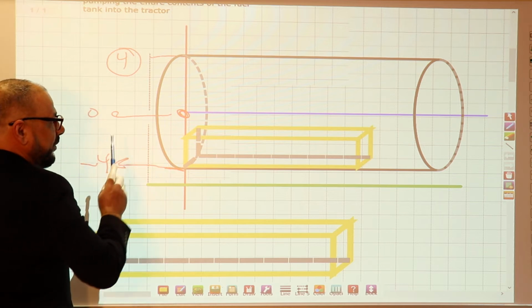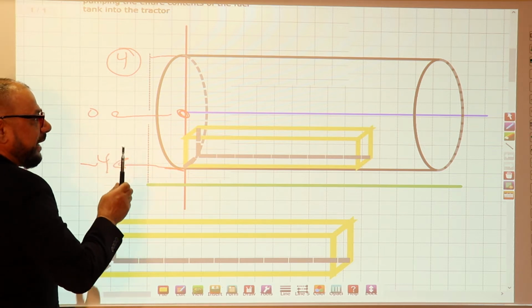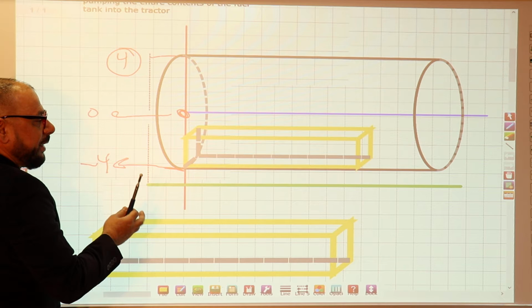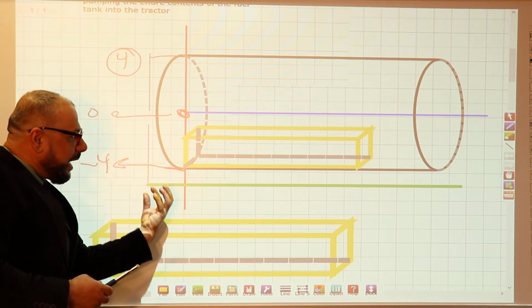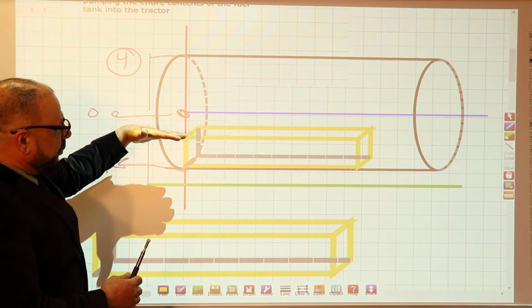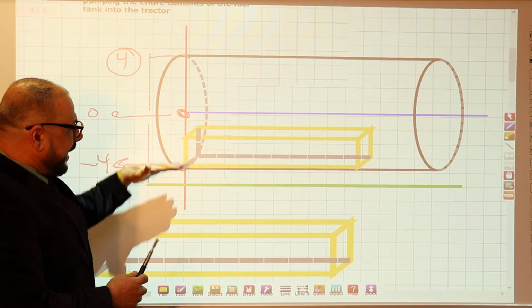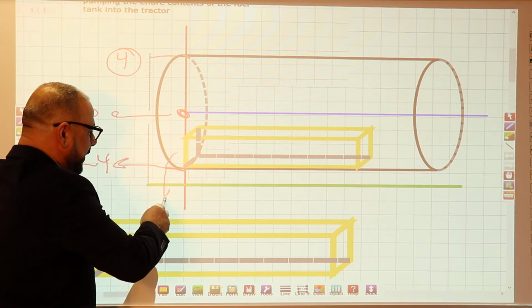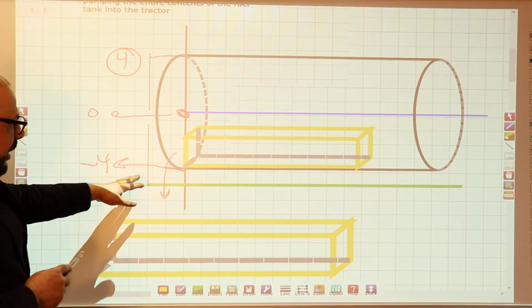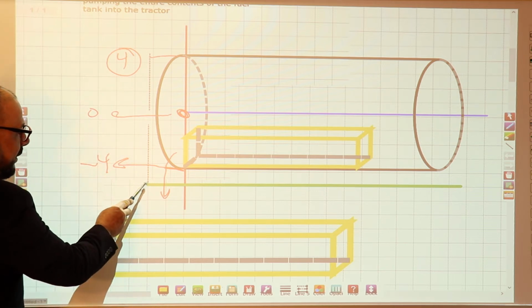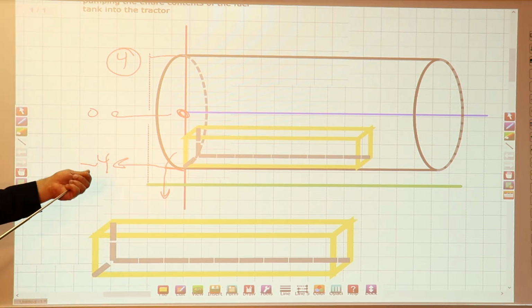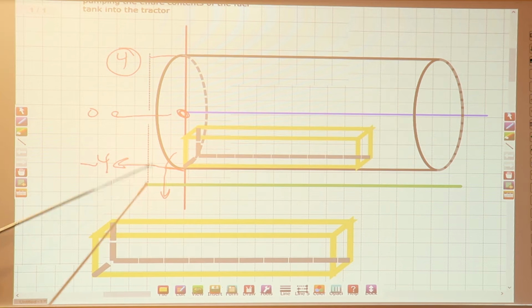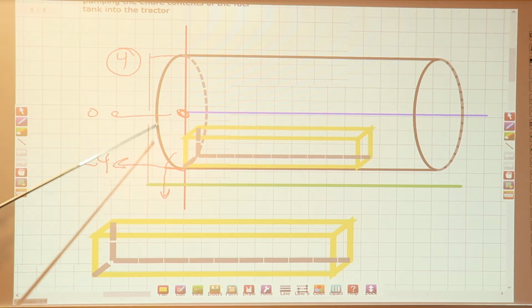This is a small piece. There are two variables in my equation, x and y. The fuel goes down from the tank through this opening here, and this is the ground. From the ground here, which is the green, to the origin, we have 5 meters.